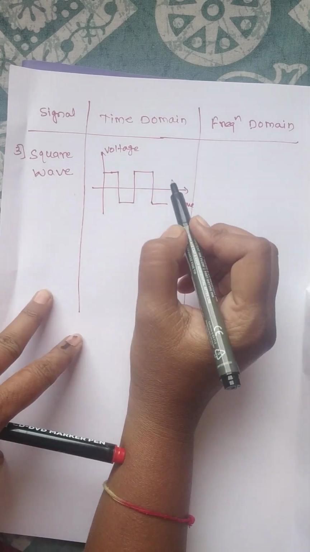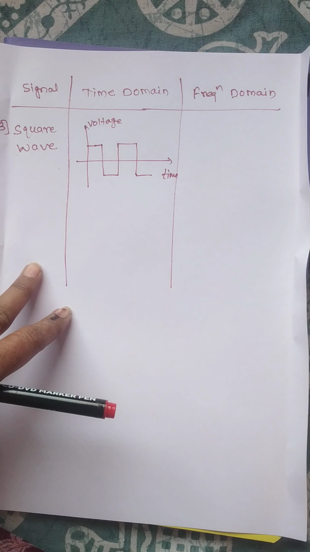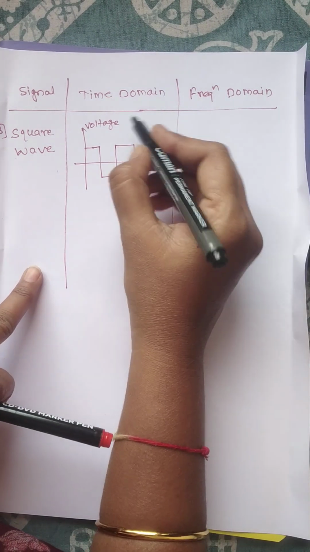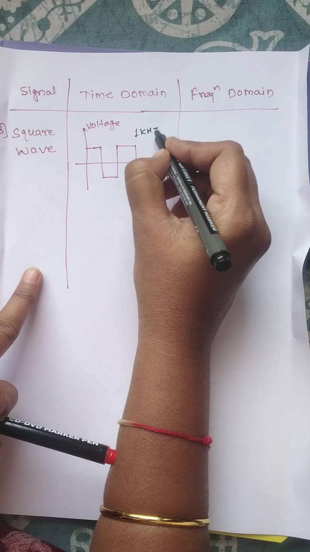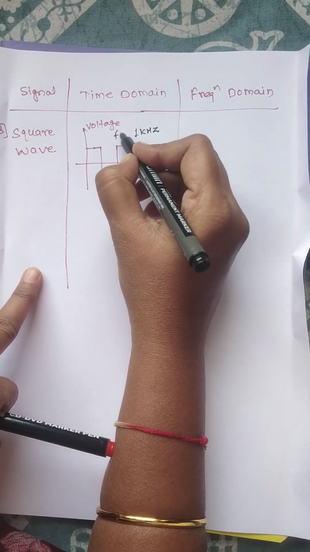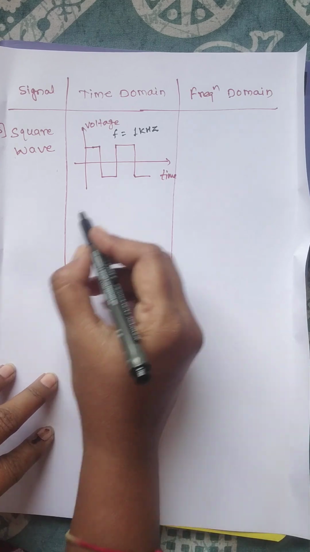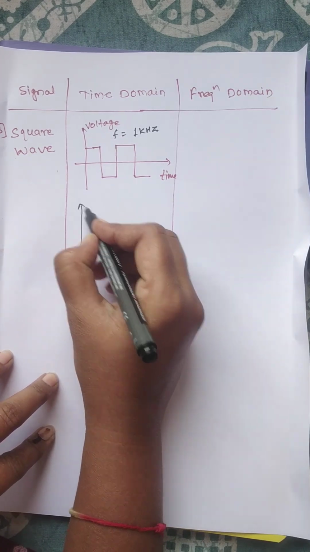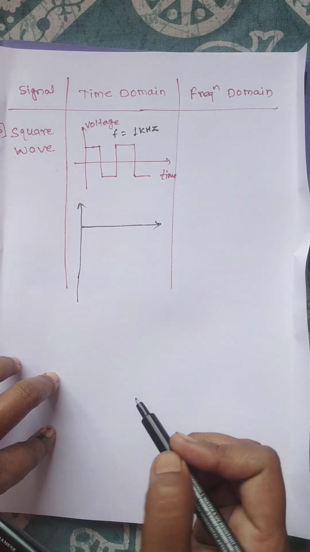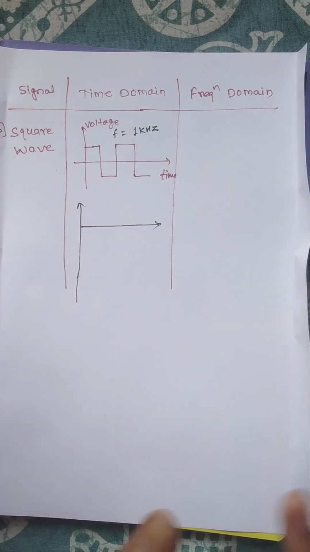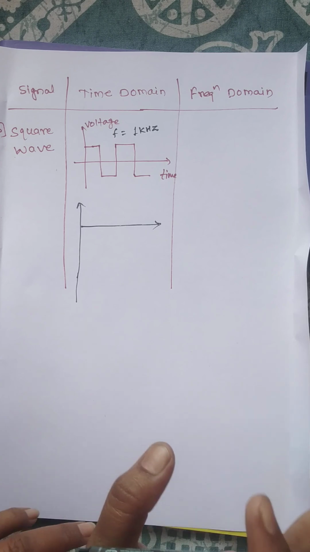Actually, if it is given that the square wave is of 1 kilohertz frequency, we can say that. But how is it actually made up? It is actually made up of additions of sine waves, because the sine wave is the basic signal, also called the fundamental signal in the world.